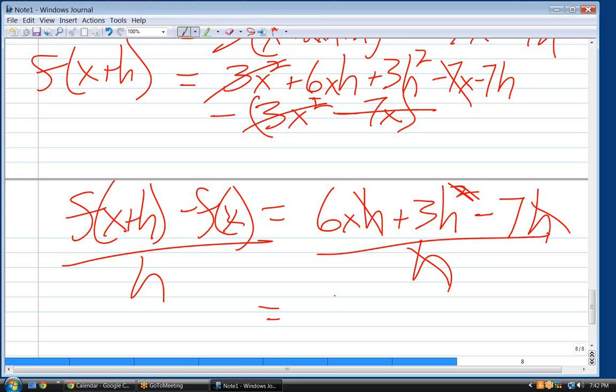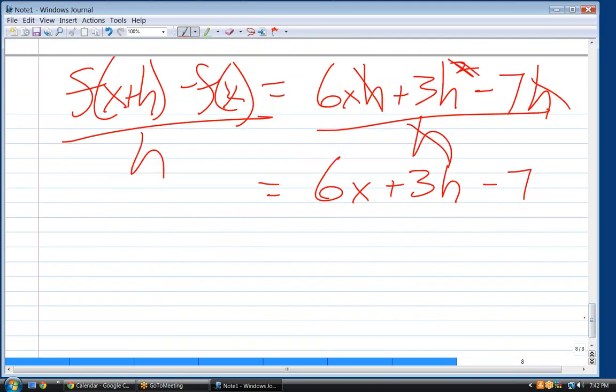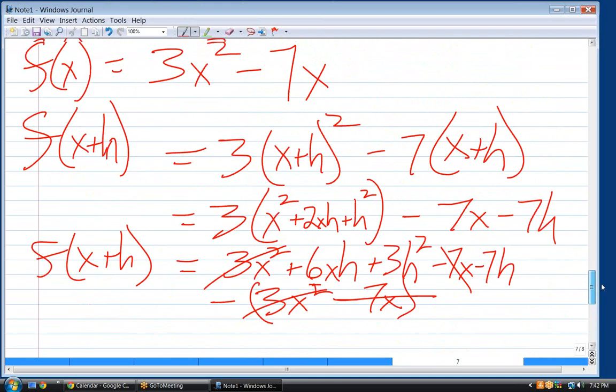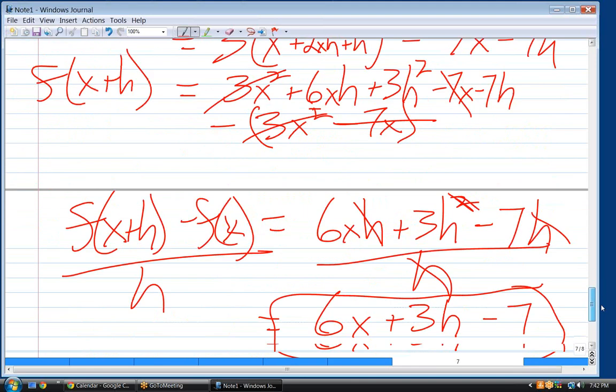So my final answer is 6x plus 3h minus 7. That is the difference quotient. Any questions about that? No.